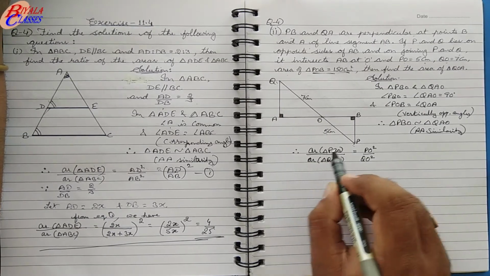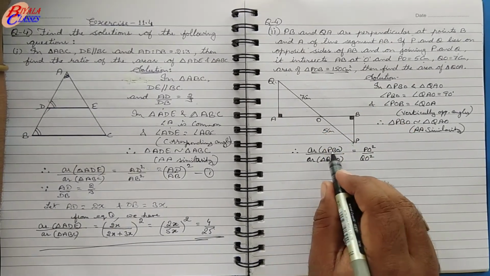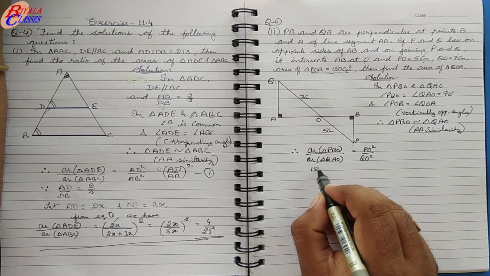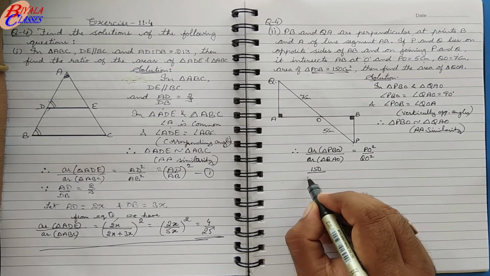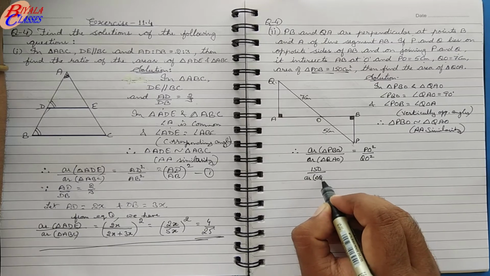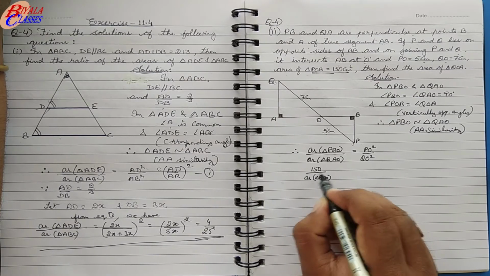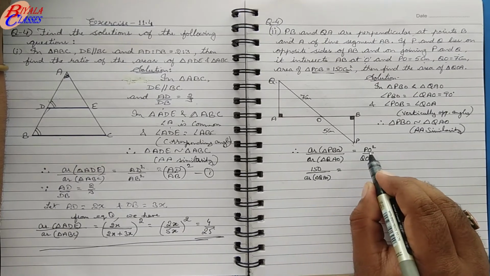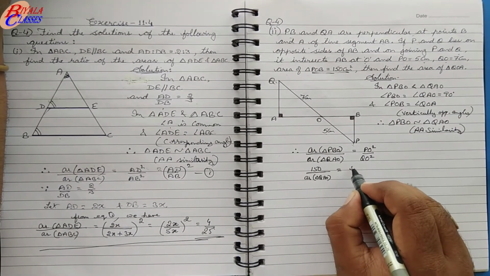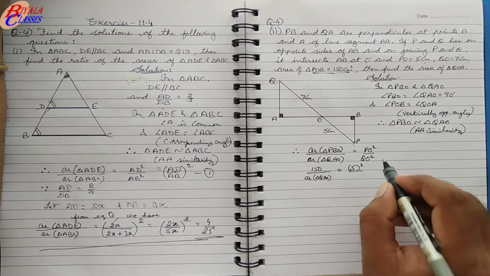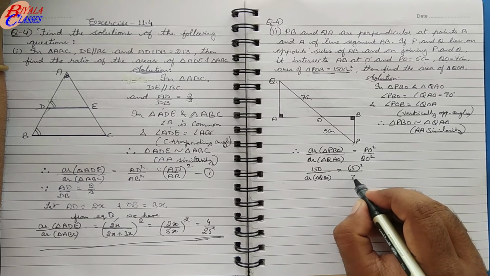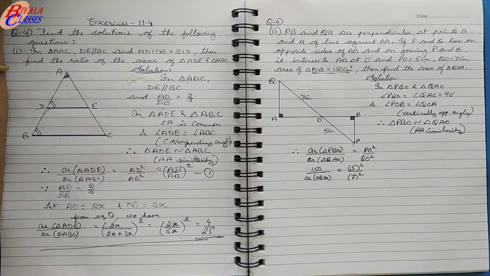So we are given the area of triangle PBO, that is 150 upon the area of triangle QAO equals PO squared. PO is 5, so it is square of 5 upon QO is 7, so it is square of 7.